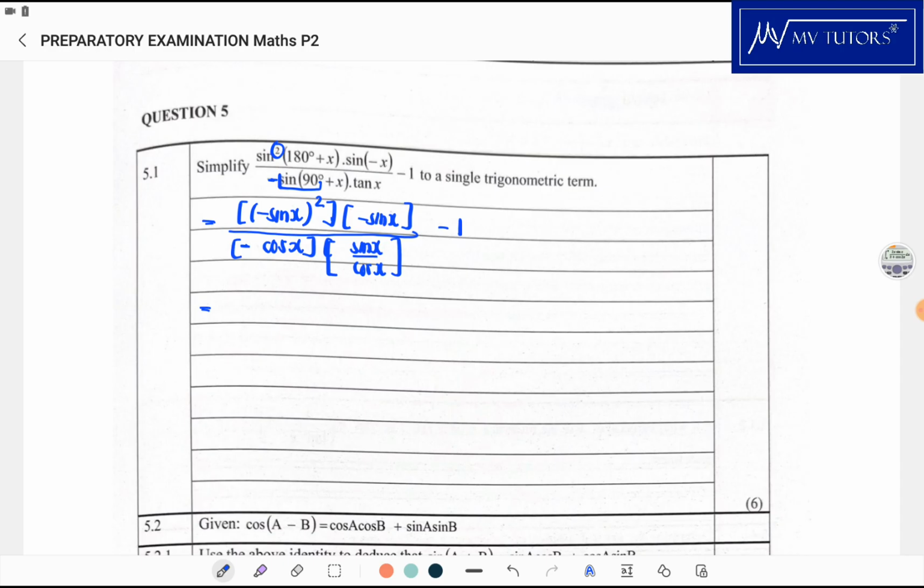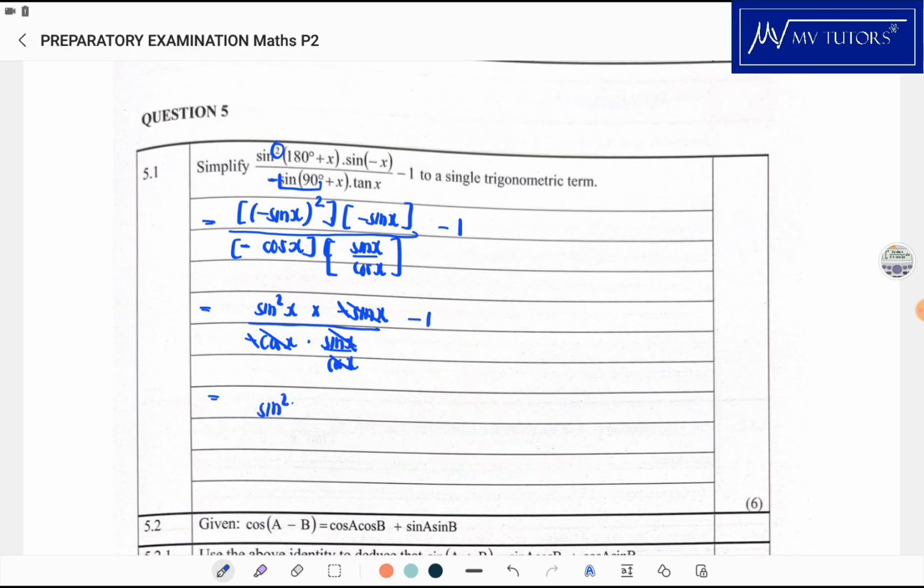Then negative sine x squared is actually sine squared x multiplied by negative sine x, all over negative cos x times sine x over cos x. So the cos's cancel, this sine and that sine cancel, the negatives cancel, we are left with, oh, there's that negative 1.